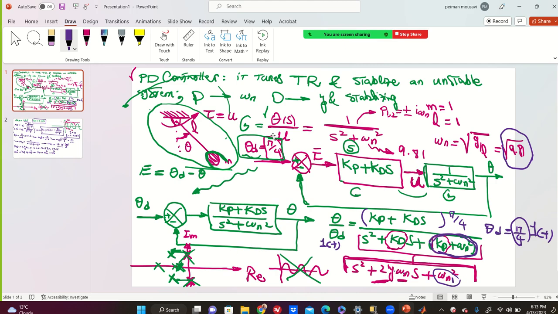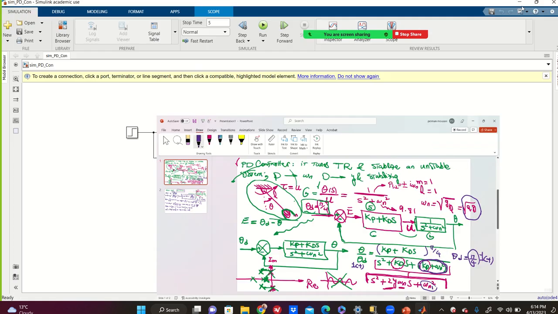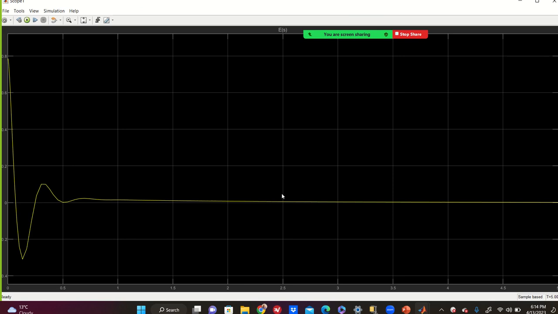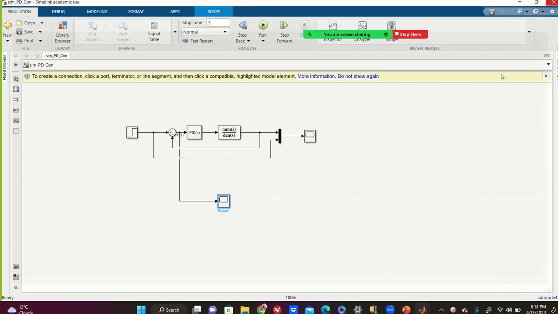The PD controller was tuning transient response, but the I controller is fixing steady state response, meaning removing what? Removing the error signal. If you now look at the error signal, it almost goes to 0. You understand what I'm talking about? Yes, but I didn't teach you the math yet. I have to teach it.